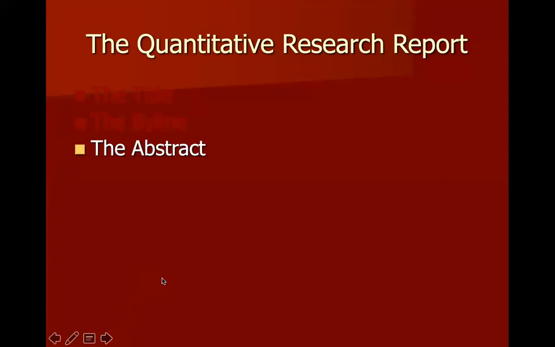Next, we have the abstract. Okay, so the abstract is a summary of what's in the article. It includes the methods, it includes the population that was studied, how the information was gathered, how it was analyzed, and then the conclusions that they reached with that research.